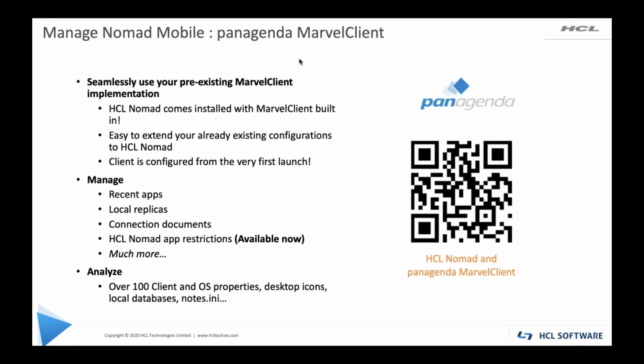The management client can also manage other concepts: local replicas, connection documents. They can apply application restrictions to the HCL Nomad application, and there's a lot more. So if you're interested, scan this QR code and take a look at the documentation. It's a great way to manage HCL Nomad.